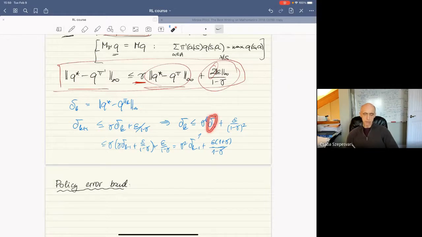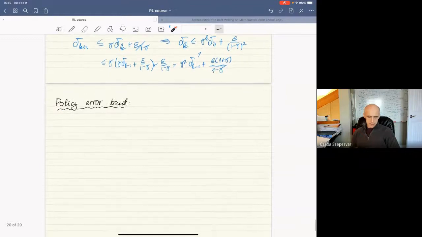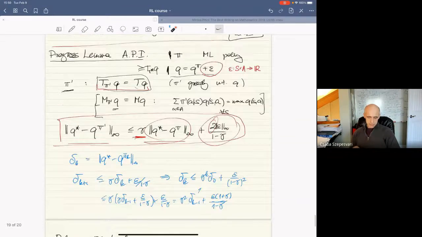And this can be bounded, assuming that the rewards are between 0 and 1, also by 1 over 1 minus gamma. And so if the number of iterates is large enough, then this initial error disappears. It actually disappears exponentially fast. And the error that you're going to get is just proportional to epsilon up to this 1 over 1 minus gamma squared factor.